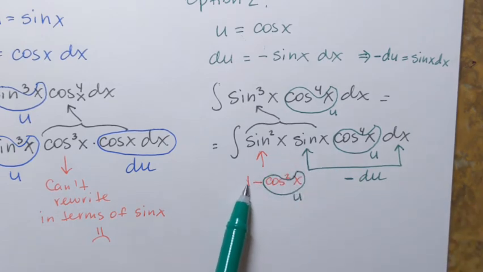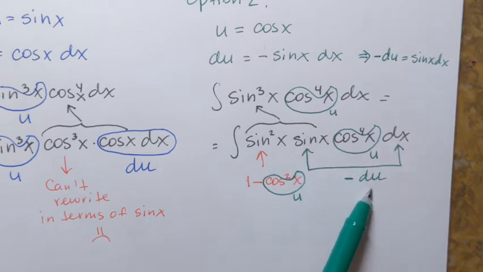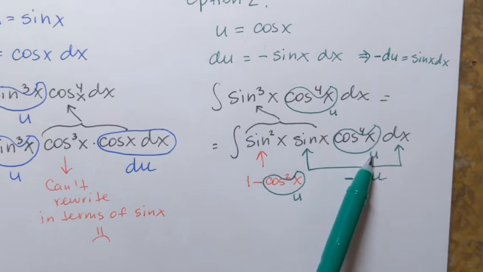And now look at that. Now everything is in terms of u. 1 minus u, well, it's going to be squared since cosine is squared. Now sine x dx, that's negative du, and then cosine to the 4th power x, it's going to be u to the 4th power.